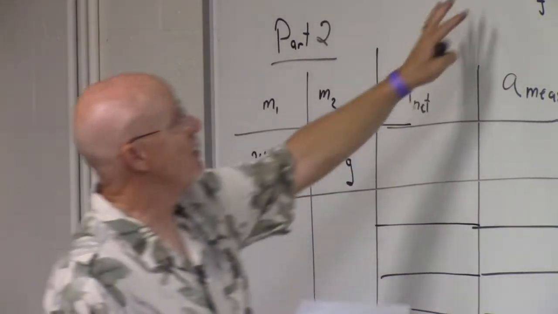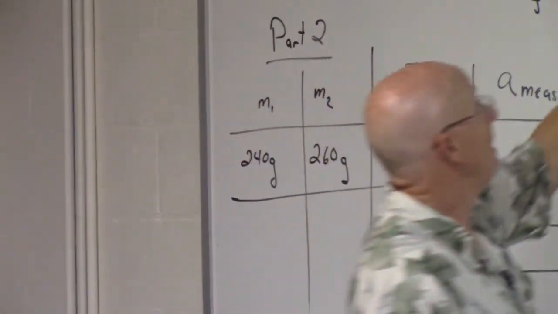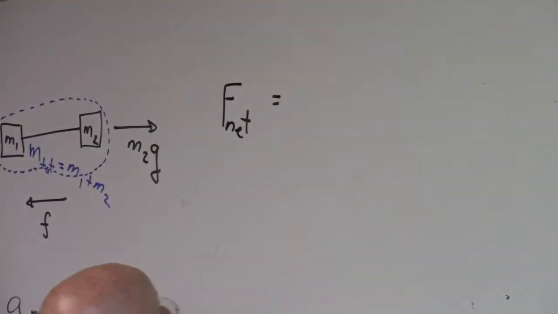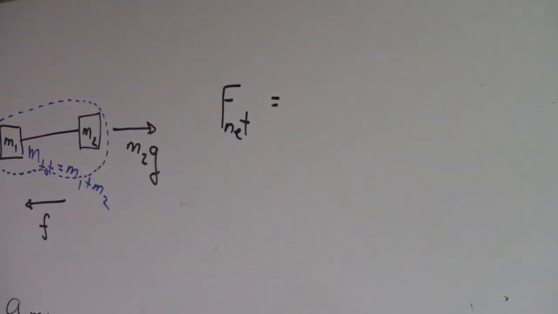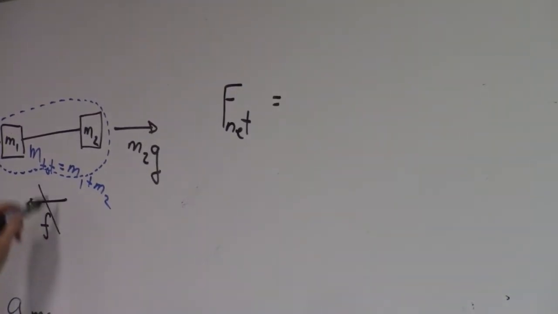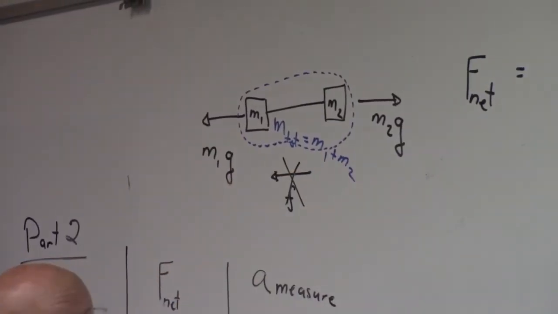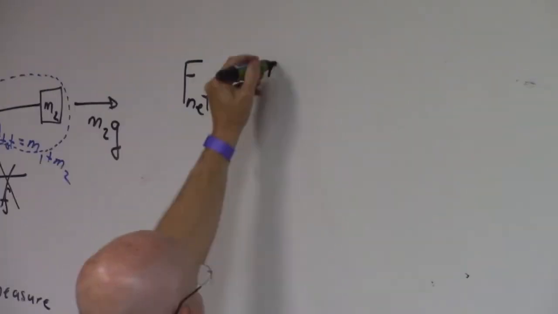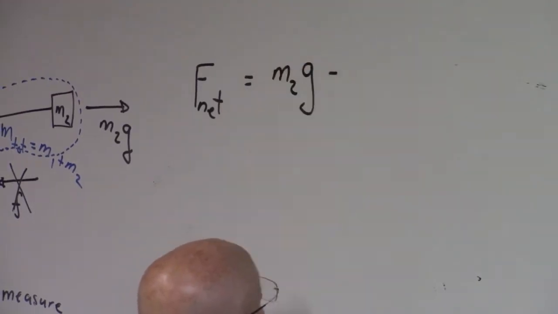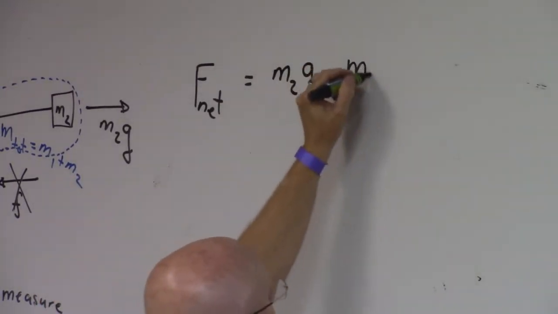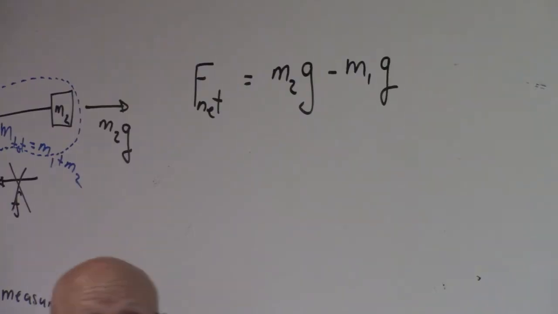Now, I guess I erased it up here, and maybe to help you out, I'll put it again. If we ignore friction, so I'll cross that out, there's only 2 forces. The M2G is to the right, and the M1G is to the left.